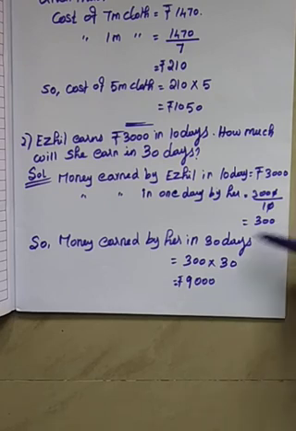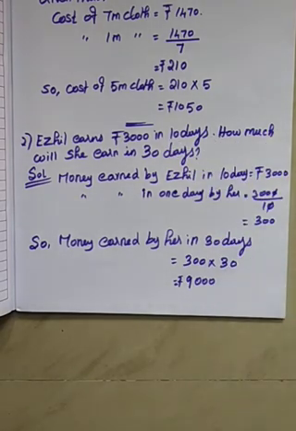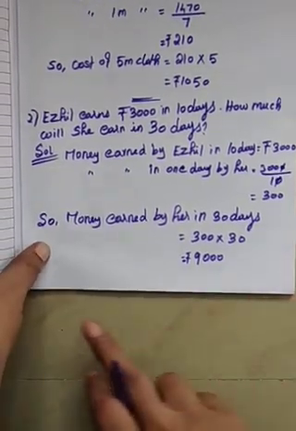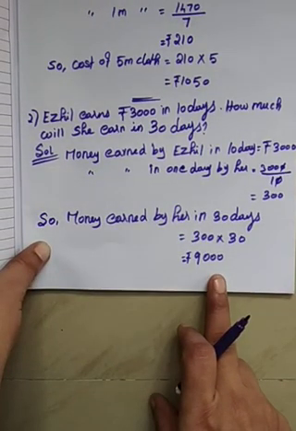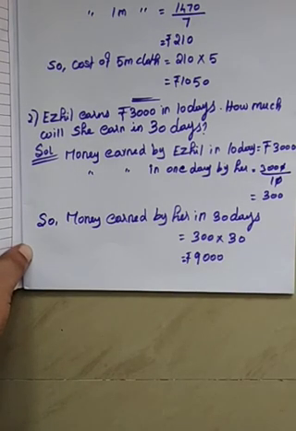So we have to write 300 into 30. You will get the answer, rupees 9000. Okay. Therefore Elil got 9000 rupees in 30 days. Next we go for the next problem.